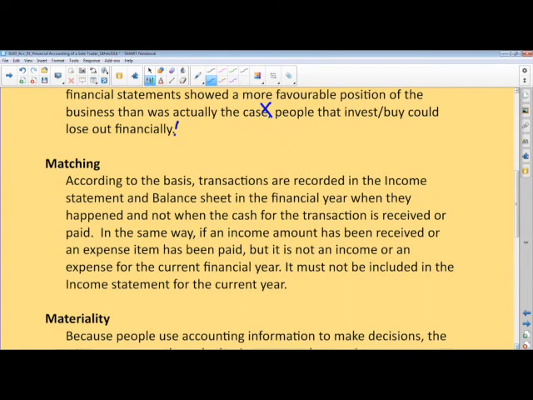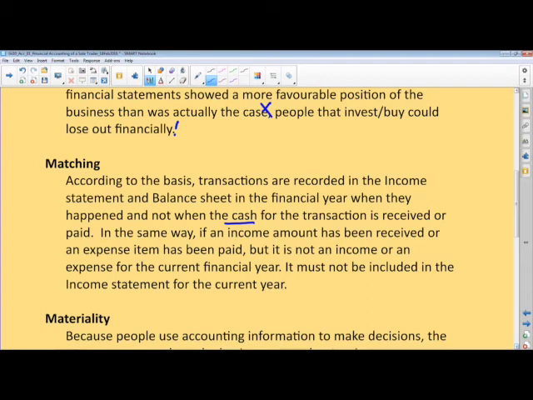The matching principle. Now guys, according to the accrual basis, transactions are recorded in the income statement and balance sheet in the financial year when they happened and not when the cash for the transaction is received or paid. In the same way, if an income amount has been received or an expense item has been paid, but it is not an income or an expense for the current financial year, it needs to be excluded.